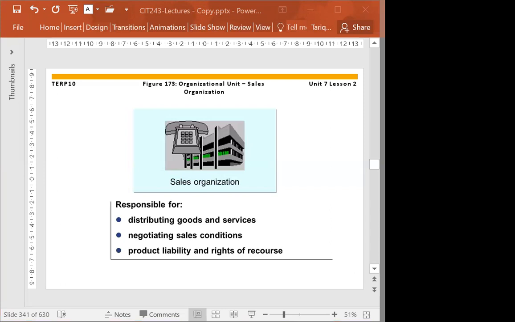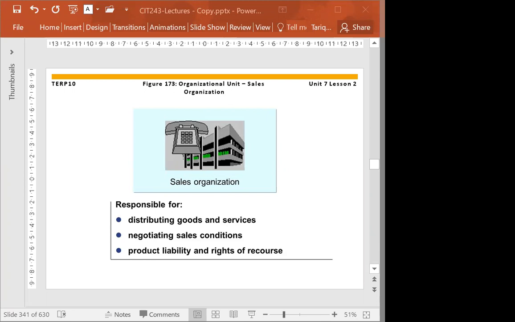Miami, Dallas, and San Diego are the plants in this course. So on the Eastern Side, United States East has a sales organization, and then we have another sales organization, United States West. Two sales organizations, so we have two sales organizations in the United States company code. So that is possible.